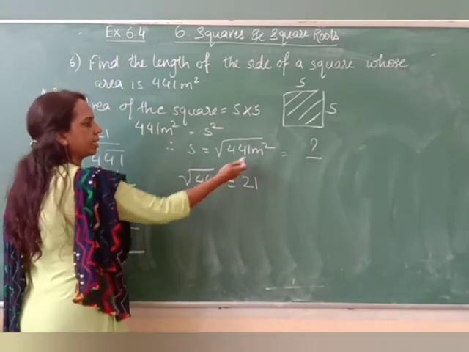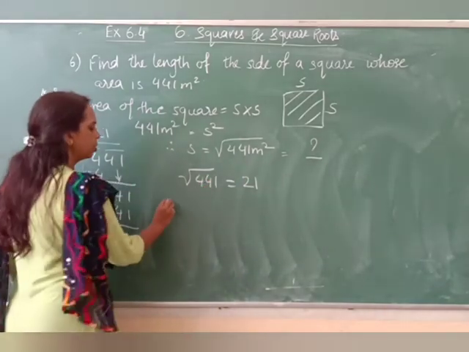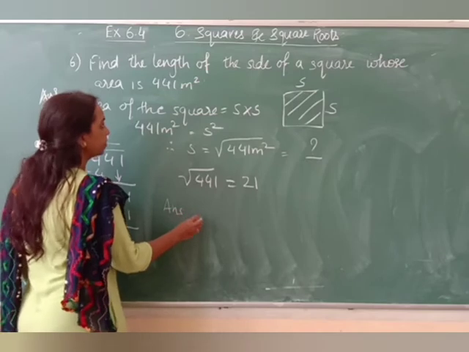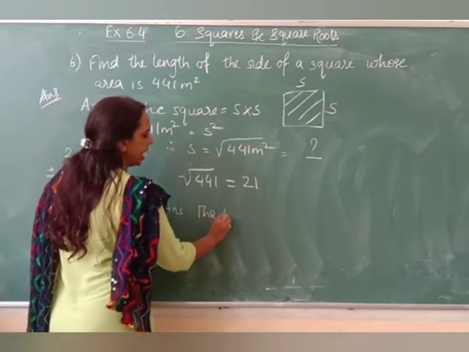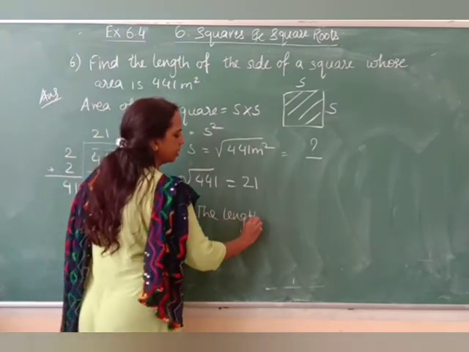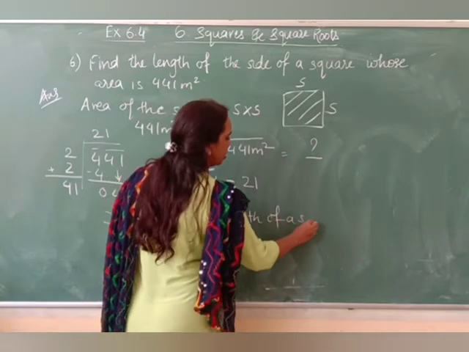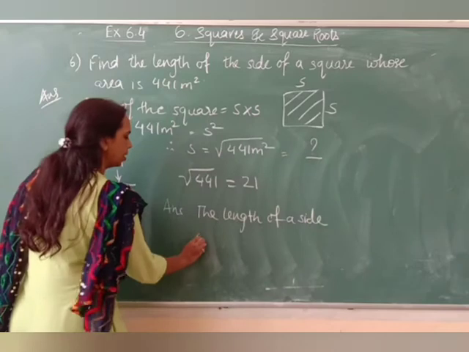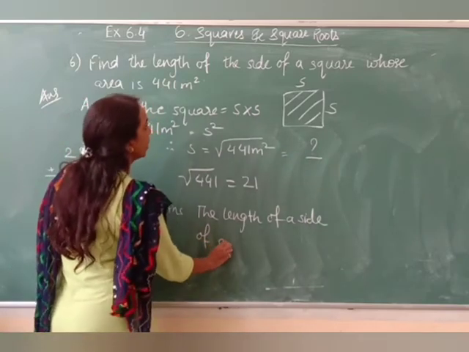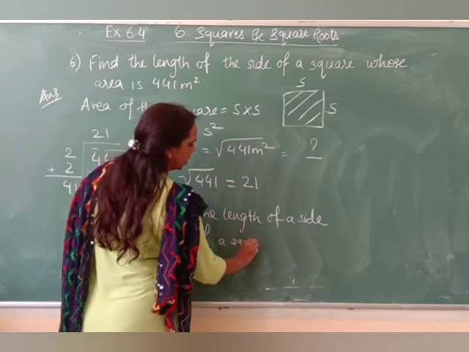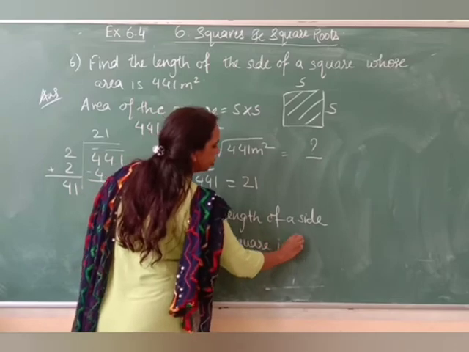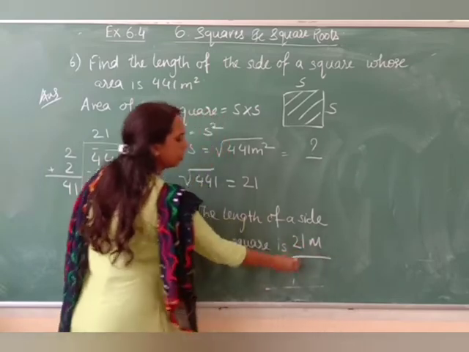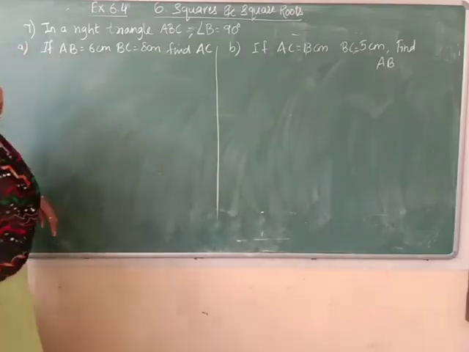And your meter square is there, so it becomes meter. So our answer is the length of a side of a square is 21 meter.